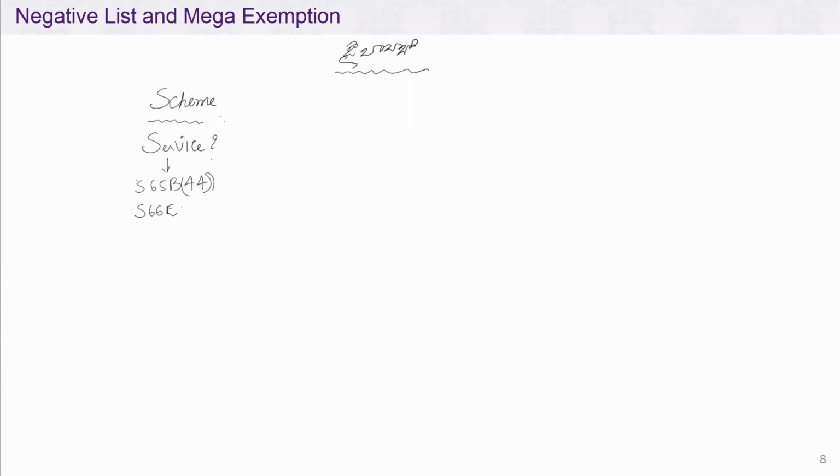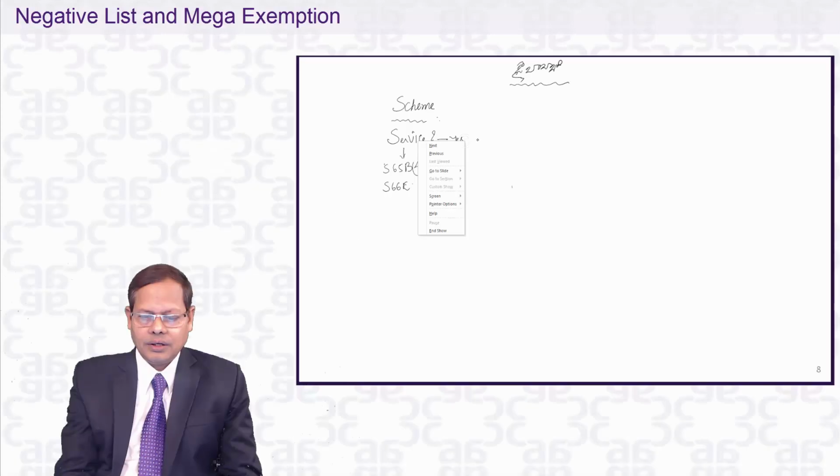And then whether it is falling under negative list or not, that is another test. So if it is in negative list, there is no need to consider. If it is not in the negative list, then move ahead. Suppose you have to see service. For this you got the answer yes. Okay, and then what is that you have to see next?